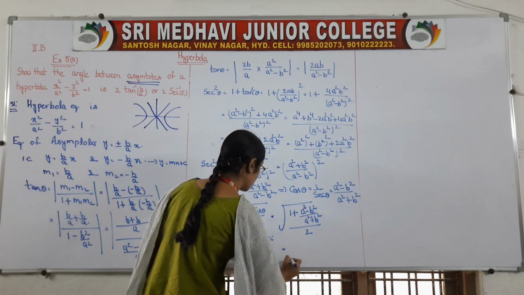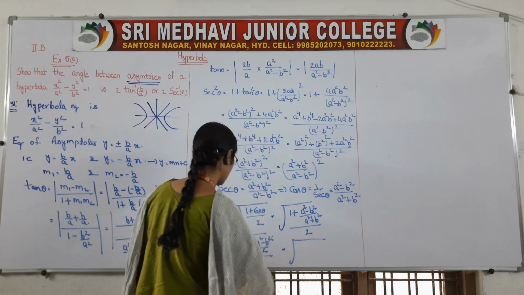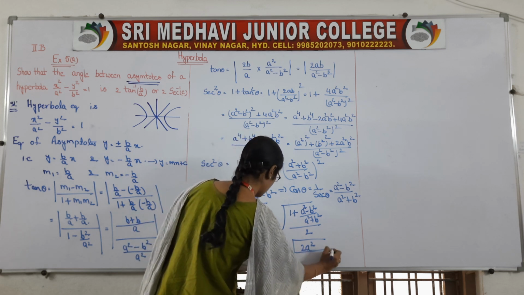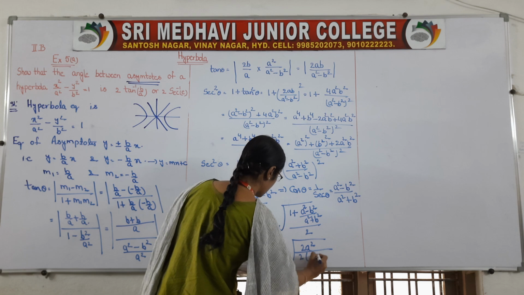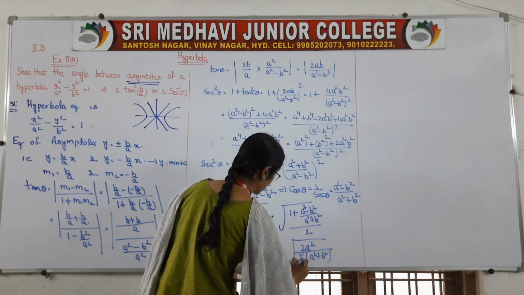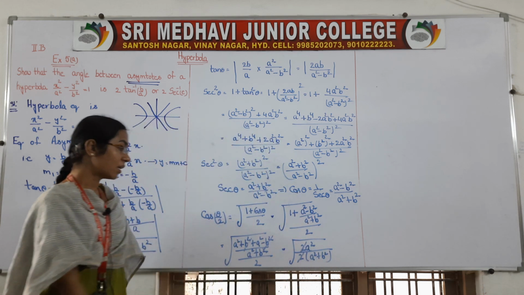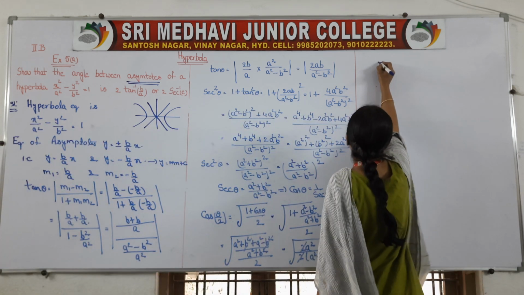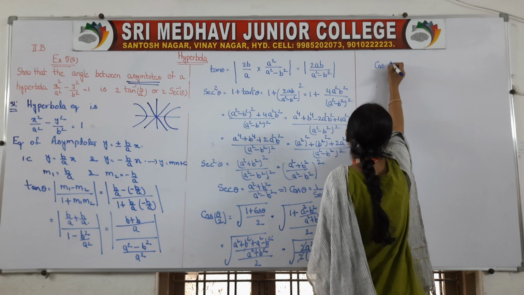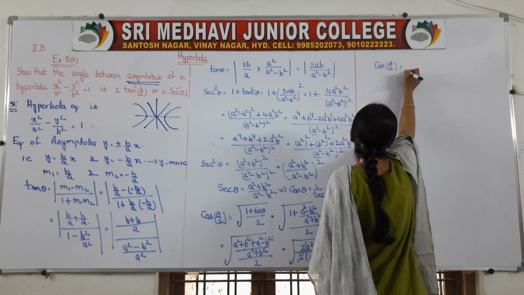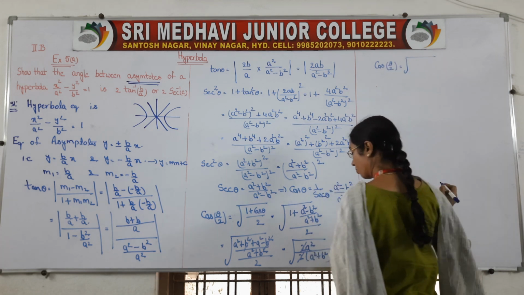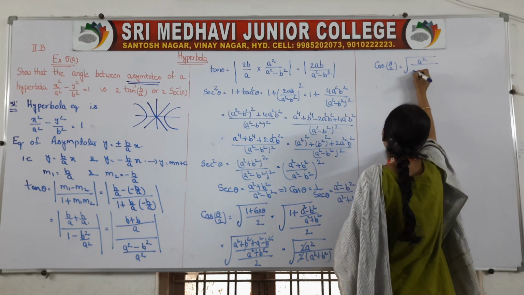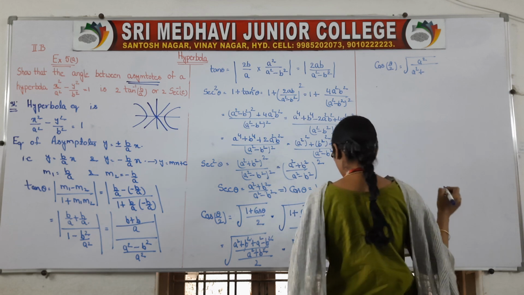So it is equal to root of 2a² by 2(a² + b²). The 2 also cancels. So now cos(θ/2) is equal to root of a²/(a² + b²).